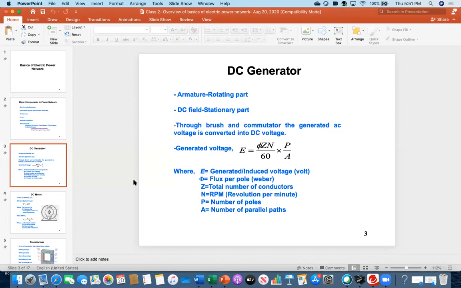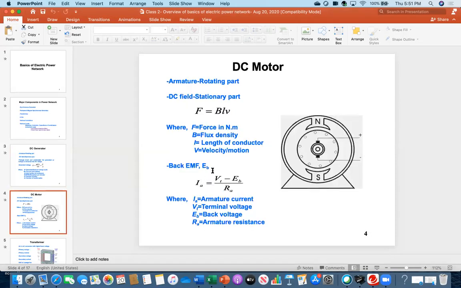Okay, then I am moving to the DC motor. In the case of the DC motor, you see the motor is already rotating, since I have taken the picture that way. But you all know that the motor operation is opposite to the generator operation.